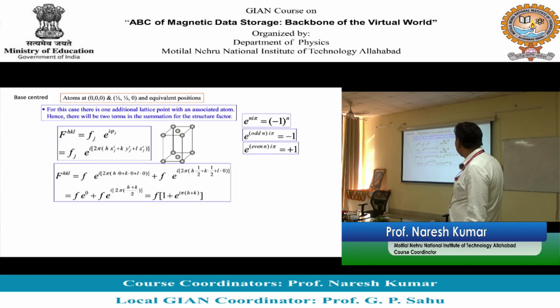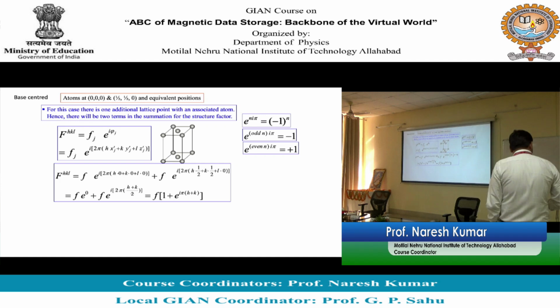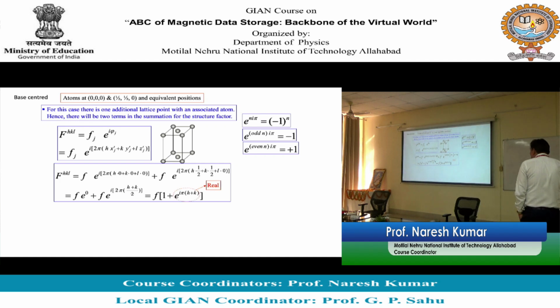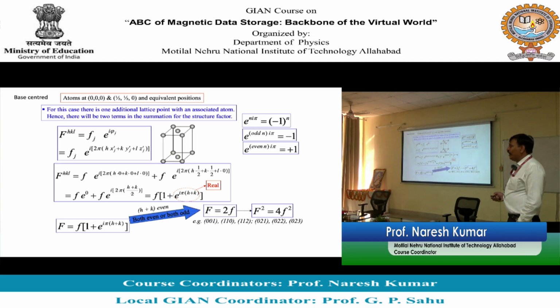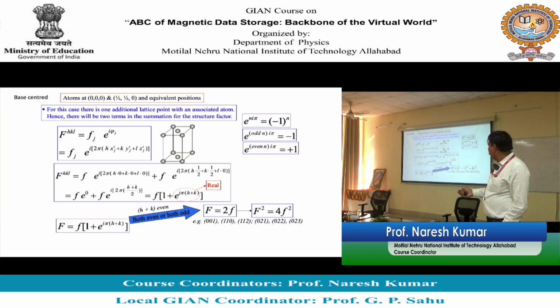अब यहाँ ध्यान दीजिएगा, here expression involves h plus k. अब depending upon what is the sum of h plus k, you will have a value of structure factor. क्या क्या permitted value हो सकती है सर? If h plus k is even मतलब दोनों मिला के, then what will happen?